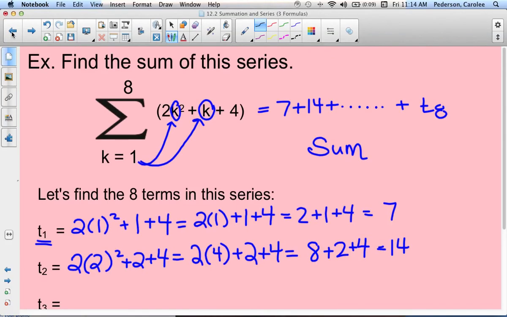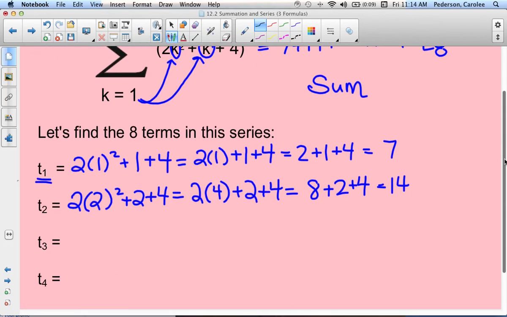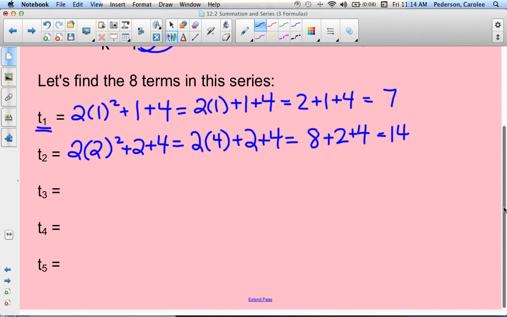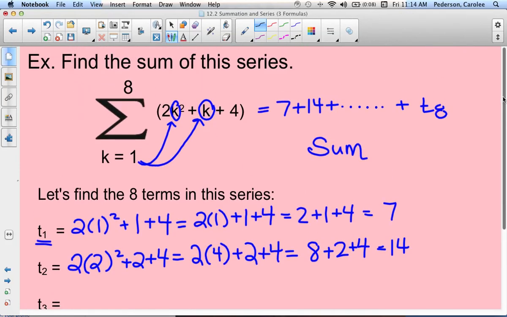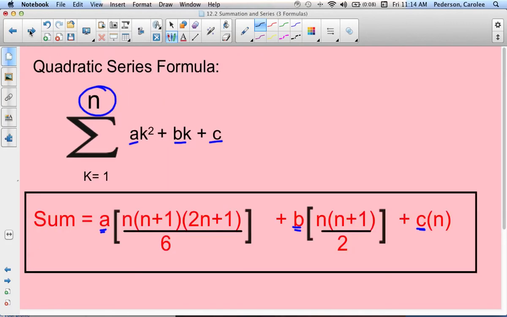So to review, here is the original problem. If we were to go and find all 8 terms, we could do that and add them all up. That's one way. But the problem is, what if you have to find 50 terms?